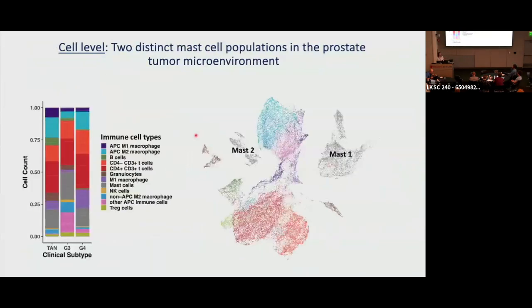For the cell level analysis, we identified 13 myeloid and lymphoid cell types and focused on mast cells because they were very prevalent across all of the clinical groups, almost 20% of the immune cell types. So we discovered 2 distinct mast cells based on their protein expression, and we decided to investigate their spatial patterns.